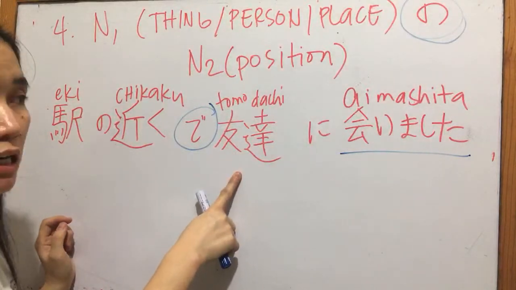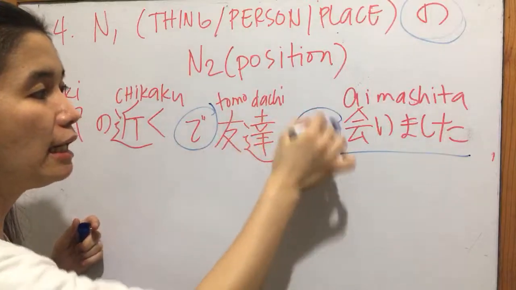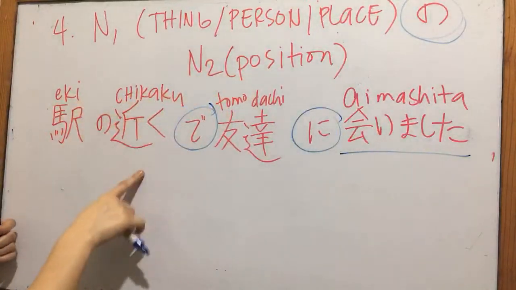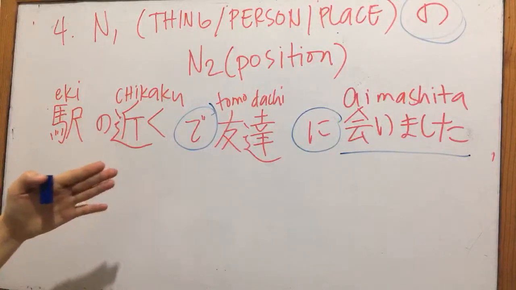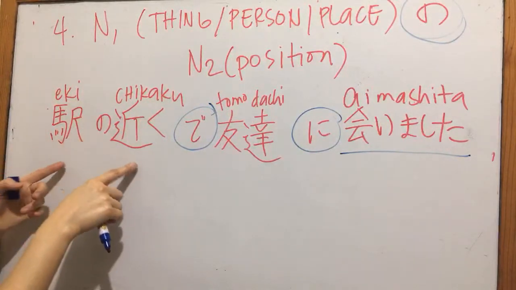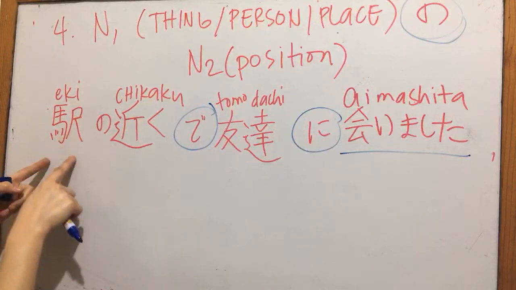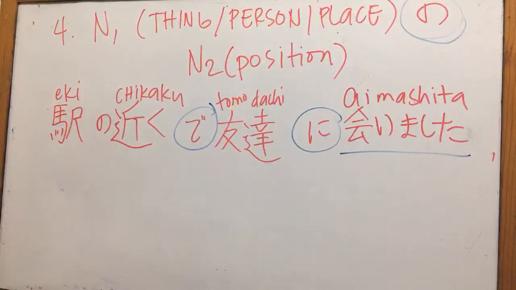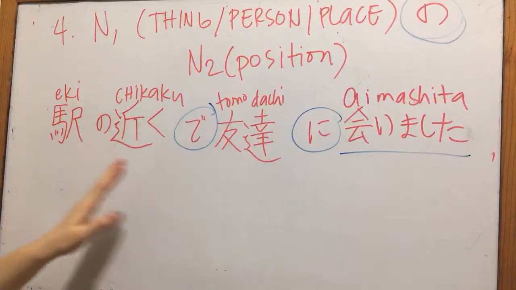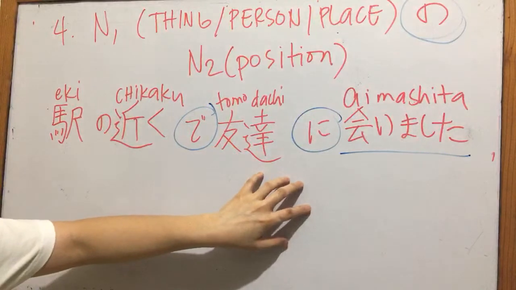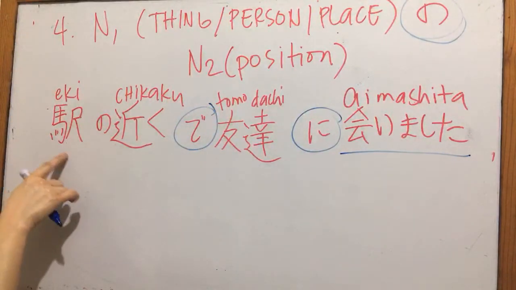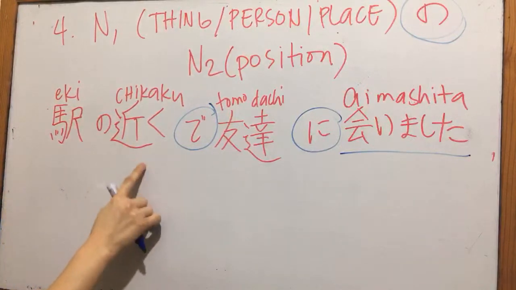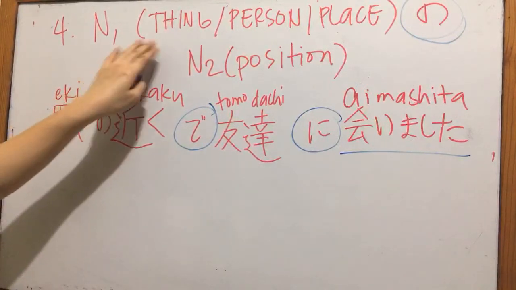Your tomodachi. So your tomodachi will be marked by ni. And the place where you met your friend is near the station. Eki no chikaku. You met your friend near the station. So we have here station, and this is near.